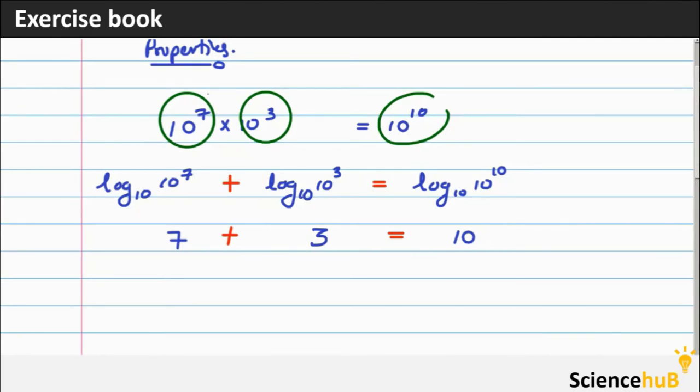Okay, now I will say this is A and this is B, and this should be A into B, right?